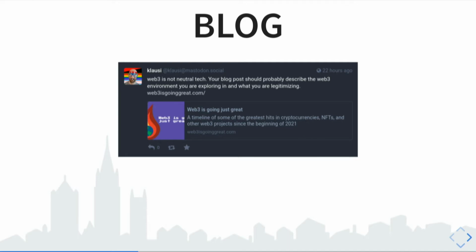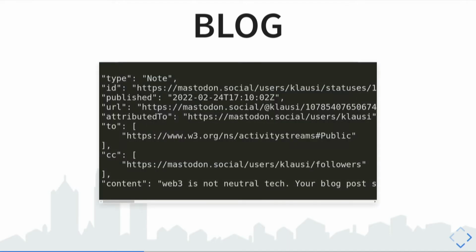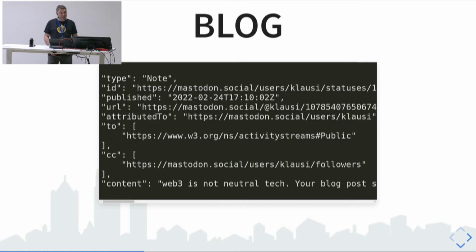And here comes the first bit of JSON. I don't know if you'll be able to, you should be able to read that. It's super simple. It has a type, note, it has an ID, and you can see that it was published by Klausi, if you know from the Drupal community in Austria. So if you want to follow Klausi, it's on mastodon.social, and it has some straightforward content.